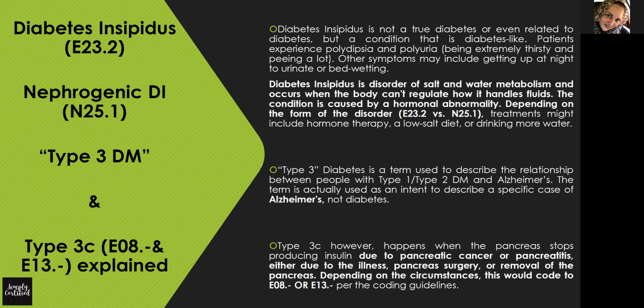So type 3C happens when your pancreas stops producing insulin because you either have cancer in it, or you have pancreatitis, or some other illness, or you've had an operation or any kind of trauma to it, like a partial removal, where you remove a piece of it or the whole thing. So depending on those circumstances, you would refer to your guidelines and it would code to E08 or E13, type 3C. That is not a fairy tale type diabetes.